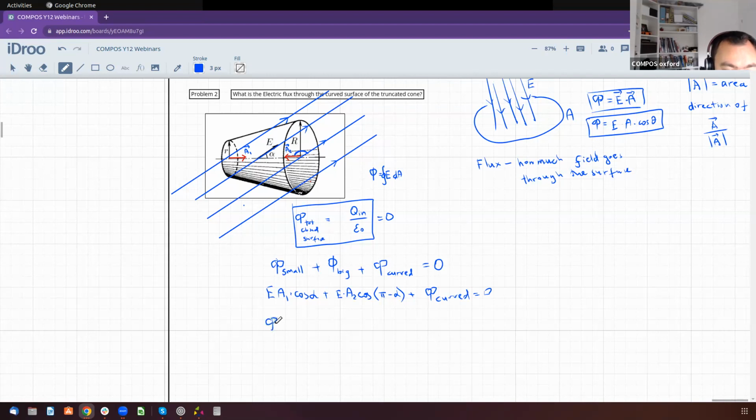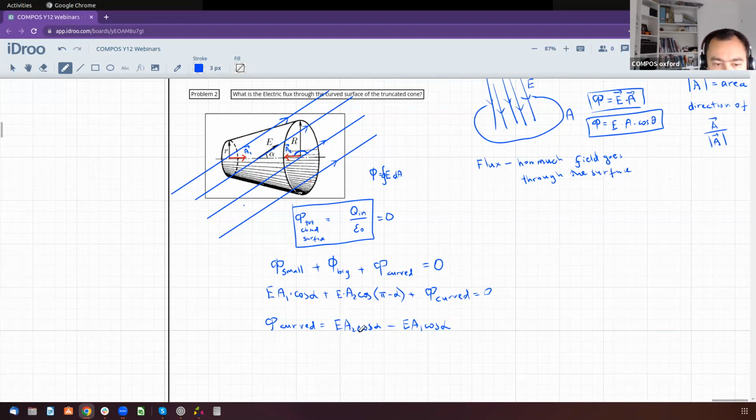So phi curved is E A2 cos alpha minus E A1 cos alpha. Do you all see how I did this? This is just mathematics. This is minus, so I took that to the other side. It became positive, and this became negative.